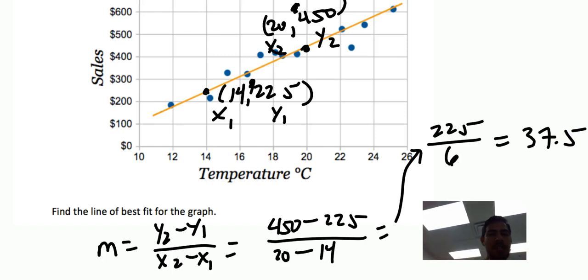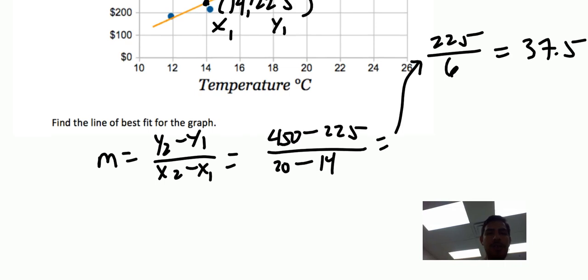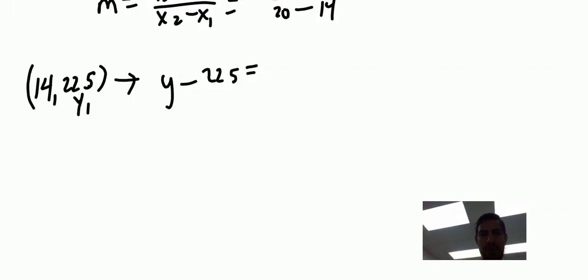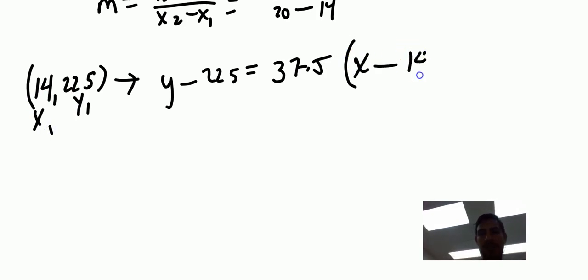And then to get the equation, I just need one other point. So I'll choose the first one that I saw, which was 14, 225. And when I use that, I get y minus, again, y1, 225 is equal to, I need my slope, 37.5, parentheses, x minus 14.